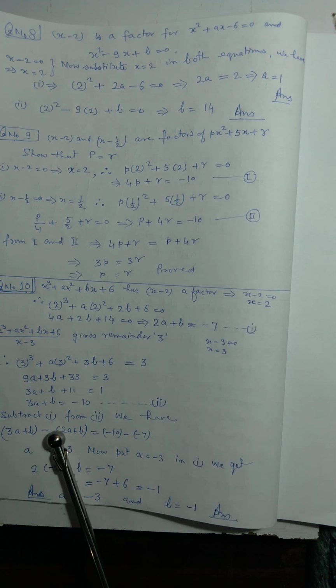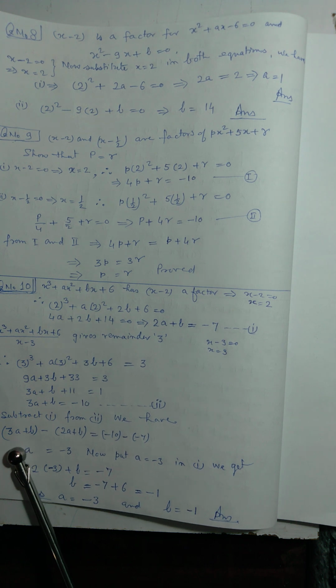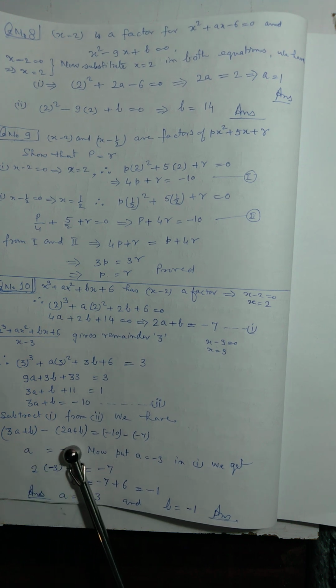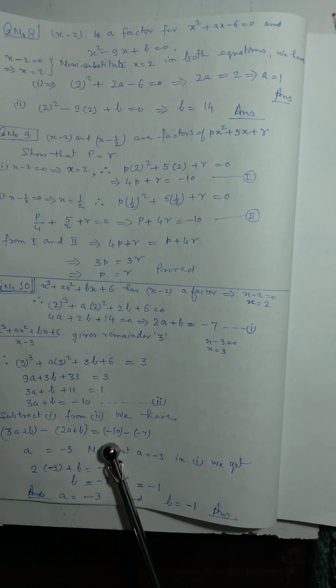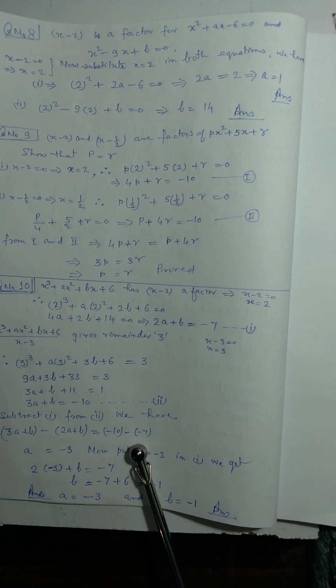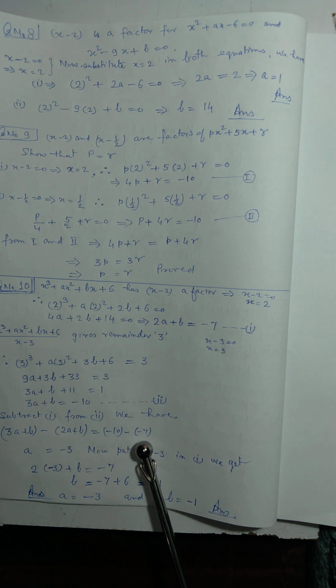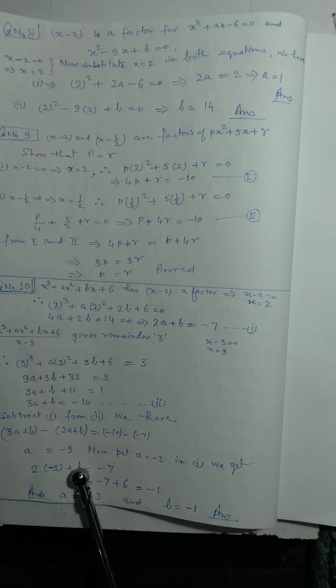Now subtract first from the second. We have 3a plus b minus, bracket 2a plus b, is equal to minus 10 inside the bracket minus, again bracket is there, minus 7. So solve it, you will get a is equal to minus 3.